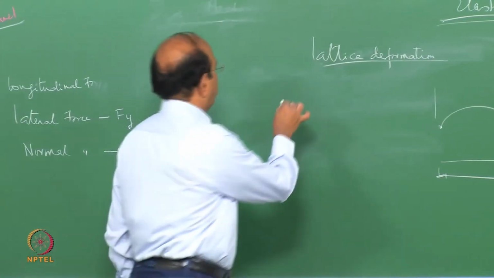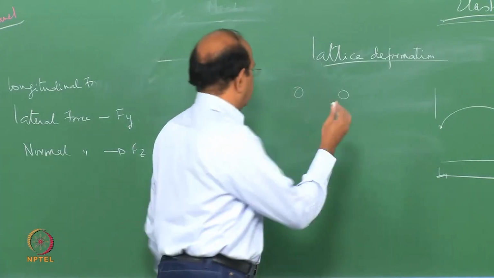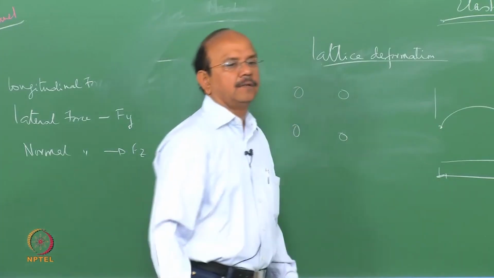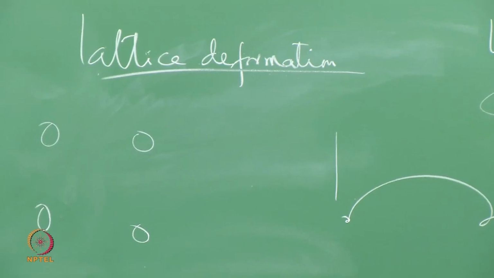In other words, depending upon the type of steel, or the type of the structure of the steel, let's say that it's FCC and BCC if it's an austenite, if it's FCC and so on.